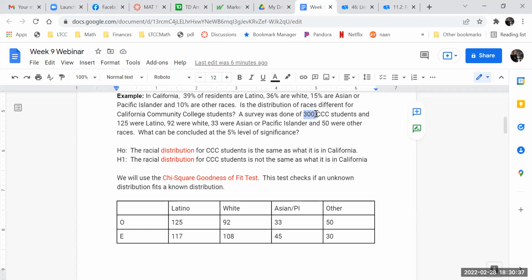The bigger question is, is that variation higher than you would get under normal circumstances? Or is that variation something that you would see if you just looked at 300? Any questions on that?